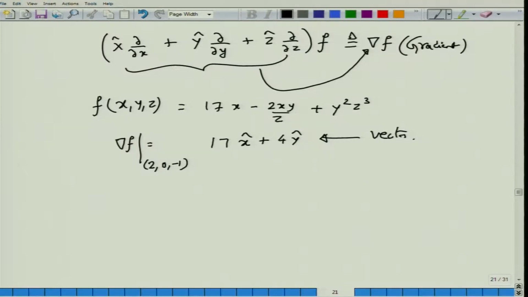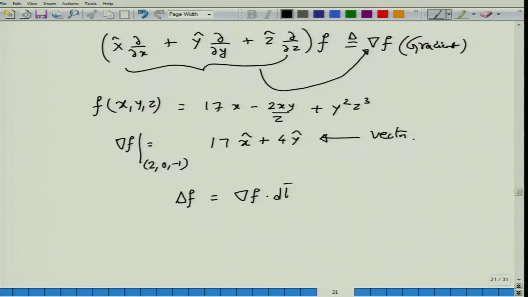So you might ask, what exactly are we doing here? Why did I introduce a gradient operator? Observe something very interesting. The change in the function, given by the symbol delta f, as you move along a particular line, is given by del f dot dl.